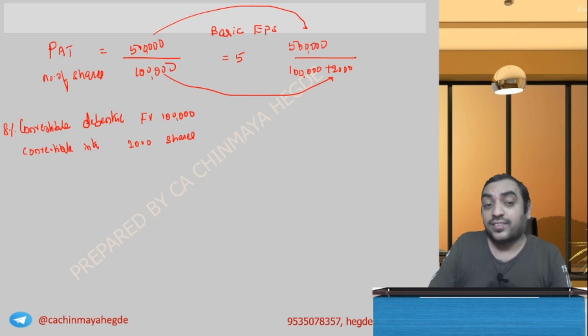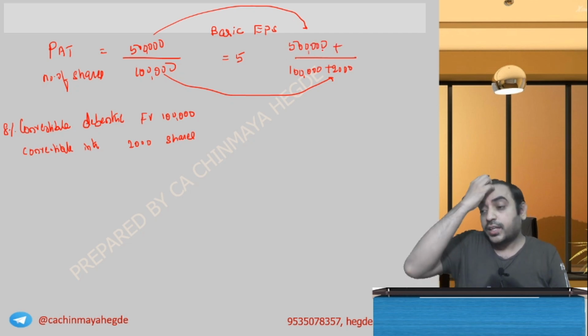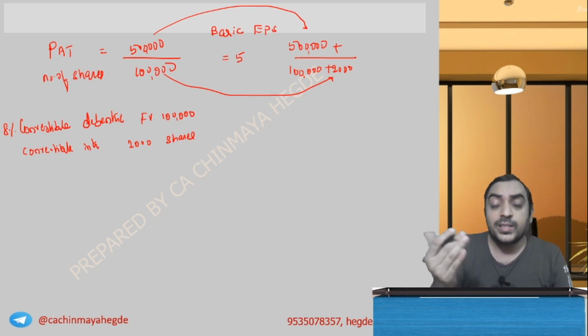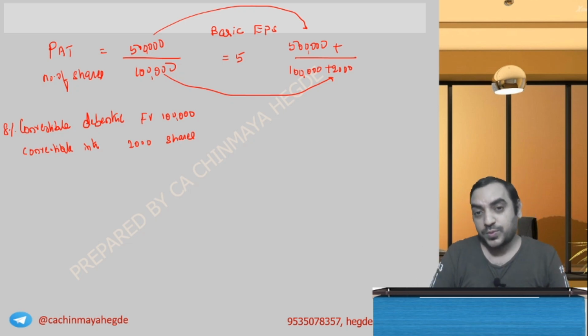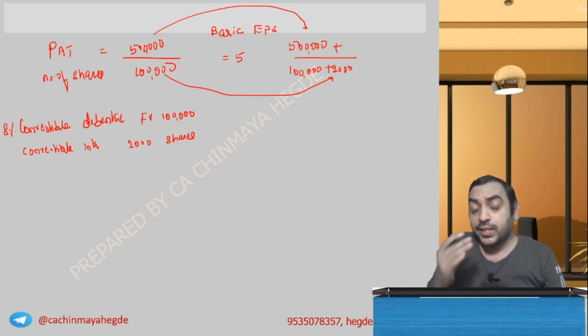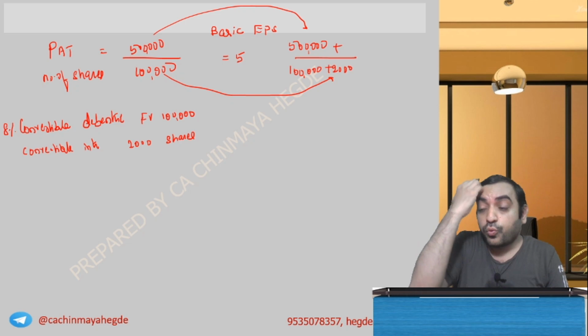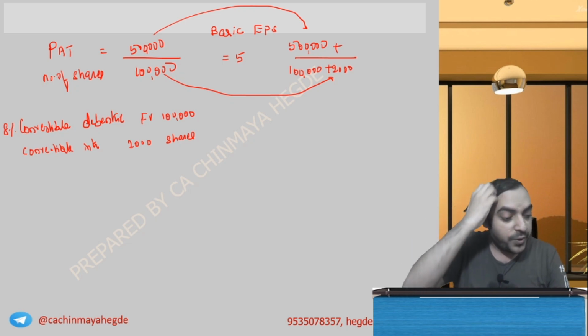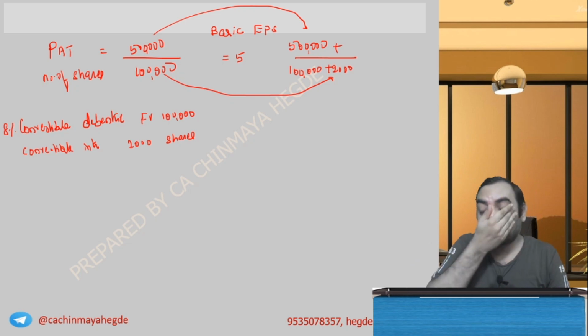What will happen to interest, debenture interest? Can you tell me, will the profit remain same, profit will increase, or profit will reduce? When debenture becomes shares, number of shares will increase. What will happen to profit after tax?